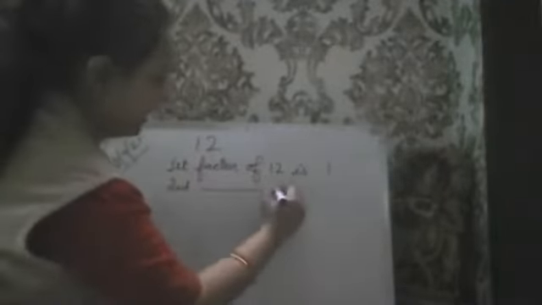Is 2 a factor of 12? Yes, so the second factor of 12 is 2. Next number is 3. Is 3 a factor of 12? Yes, so the third factor is 3. Next number is 4. Is 4 a factor of 12? Yes, so the fourth factor is 4.